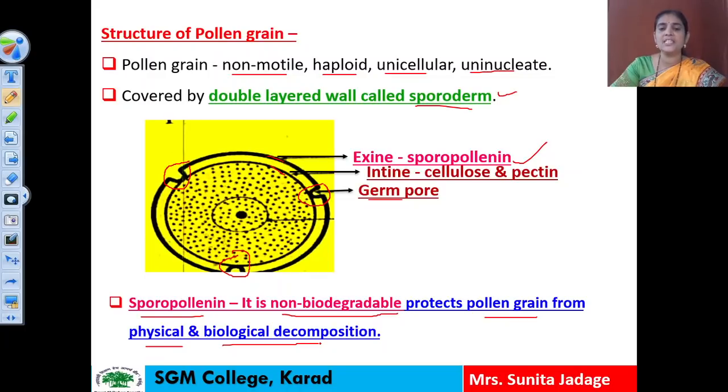It remains as it is in the environment. And why is it not decomposing? Because the pollen grain's exine wall is made up of sporopollenin which is non-biodegradable. It is protected from physical decomposition as well as biological decomposition. So this is all about the structure of pollen grain.